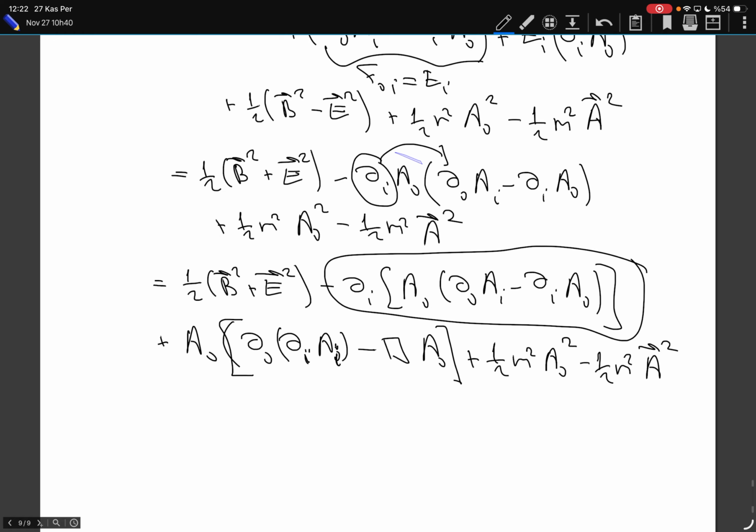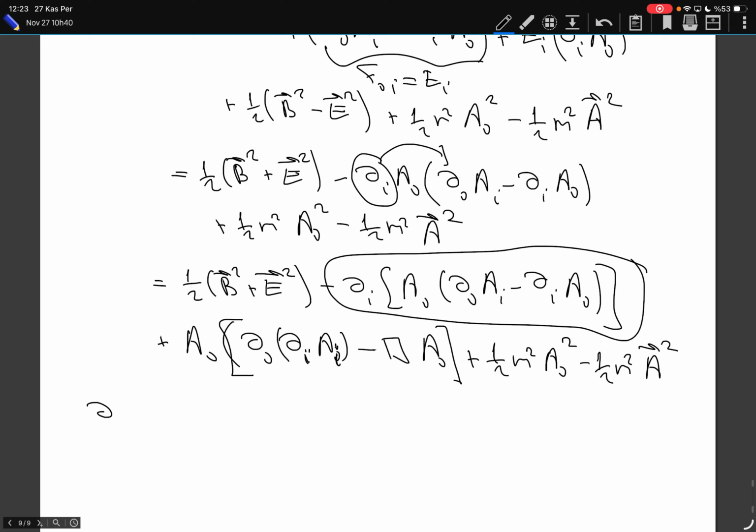This A0 is this A0. I'm acting on this factor with del I. That's what I'm doing. If I do that, the first term will be del 0 times del I AI, and then the second term will be the Laplacian.